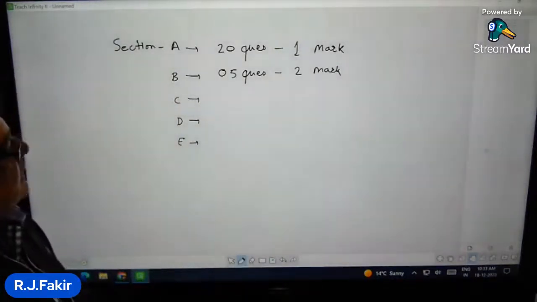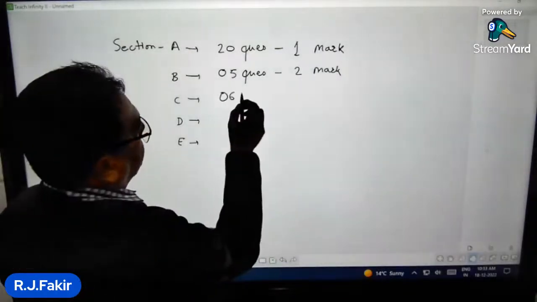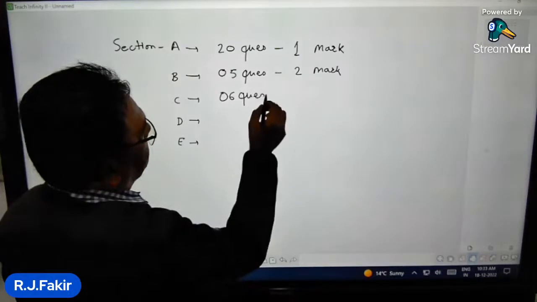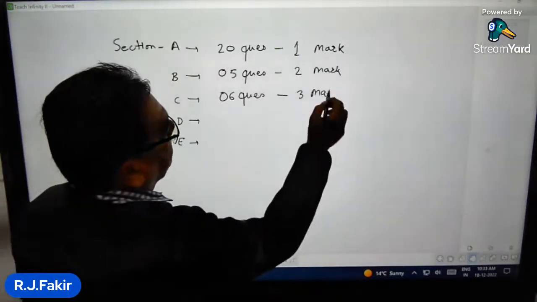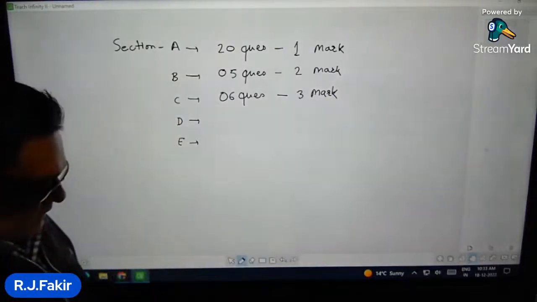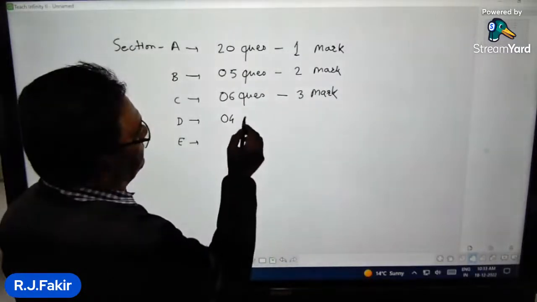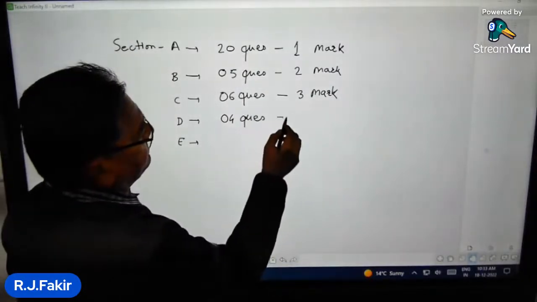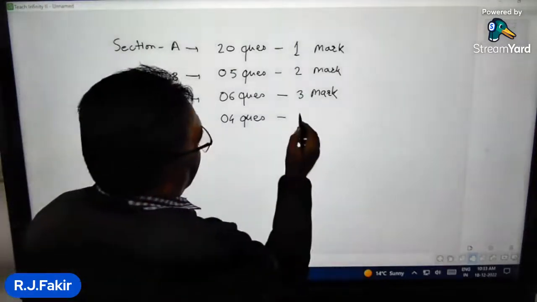Coming to section C, it will have 6 questions in all, each carrying 3 marks. Section D will have 4 questions, and that will be 5 marks each.